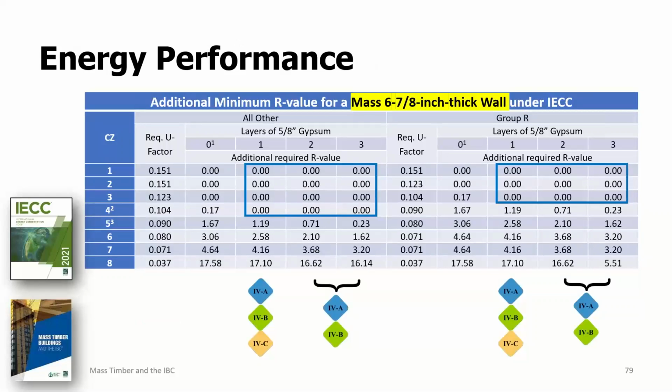So this is a mass wall. This is comparing against the last one where we said, hey, look, if you're a 3-panel CLT, you're probably not mass, and so you're going to need some insulation. This is saying, if I make my CLT a little bit thicker, 1 layer thicker, how much insulation do I need then? And those blue squares are where technically you wouldn't need any insulation to meet the energy requirements.